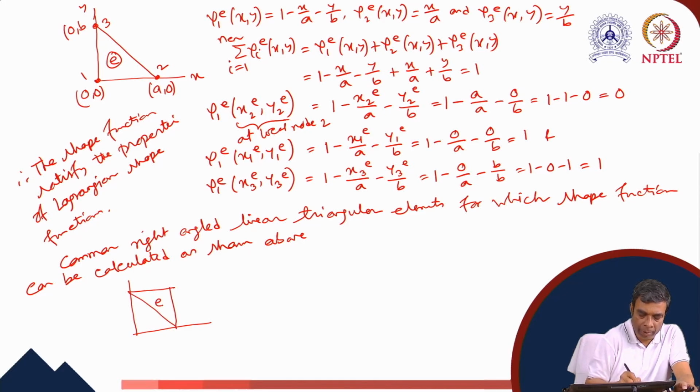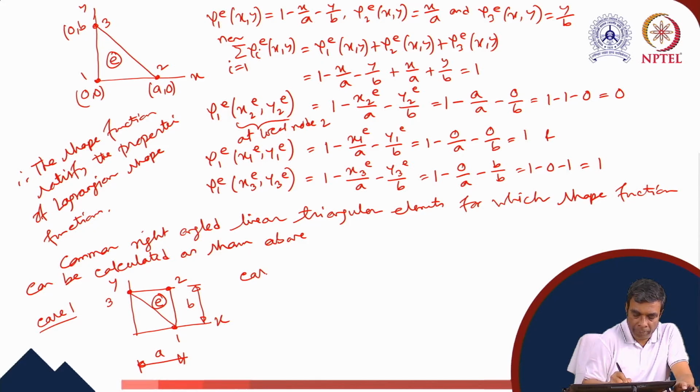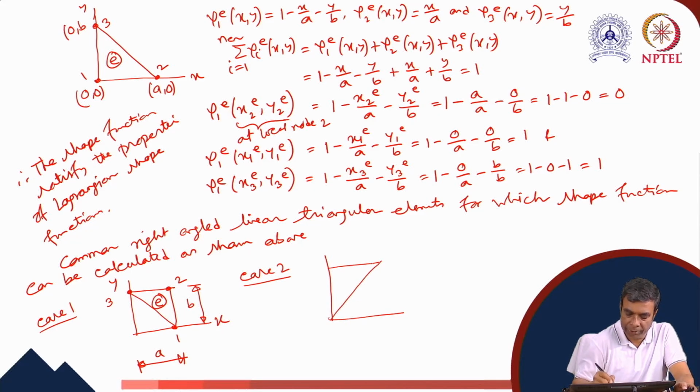So we can consider this triangular element in the xy coordinate system. Local node 1, local node 2, local node 3. This base is of dimension A and this height is of dimension B. This is case 1. Similarly, we can have some other triangular elements of this shape.